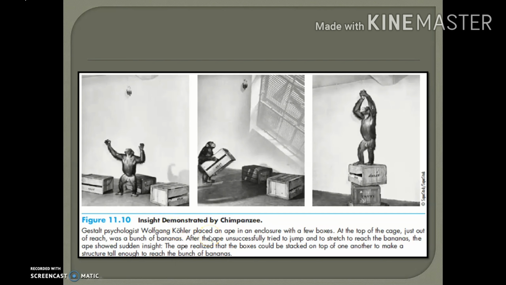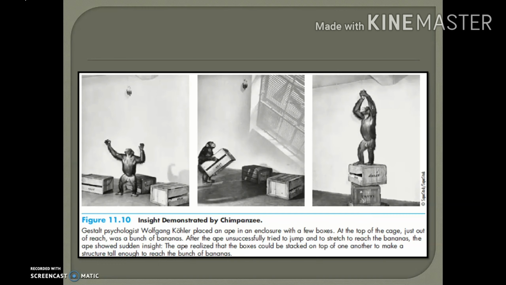As you can see, Kohler placed an ape in an enclosure with a few boxes. At the top of the cage, just out of reach, was a bunch of bananas. After the ape unsuccessfully tried to jump and stretch to reach the bananas, the ape showed sudden insight. The ape realized that the boxes could be stacked on top of one another to make a structure tall enough to reach the bunch of bananas.